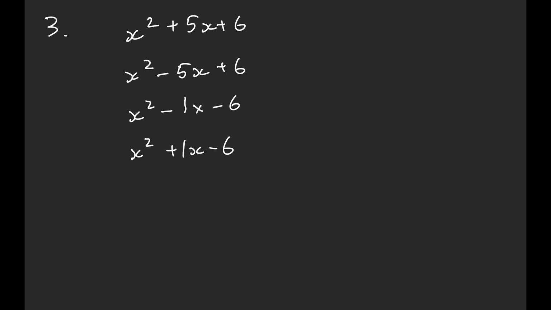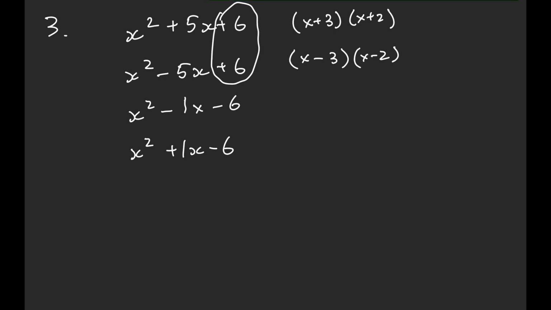Okay. So if we look at the first one, this one's going to break into x plus 3, x plus 2. We look at the second one, it's going to break into x minus 3, x minus 2. Notice that the last term has a positive coefficient.